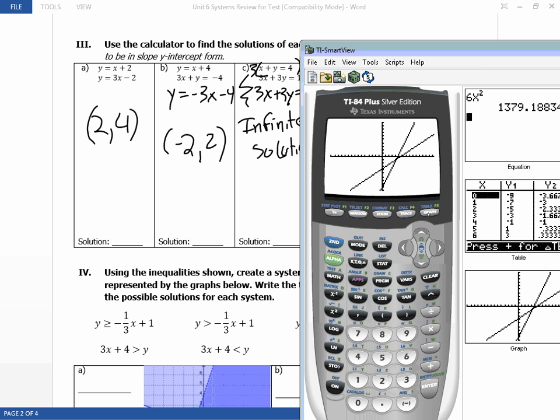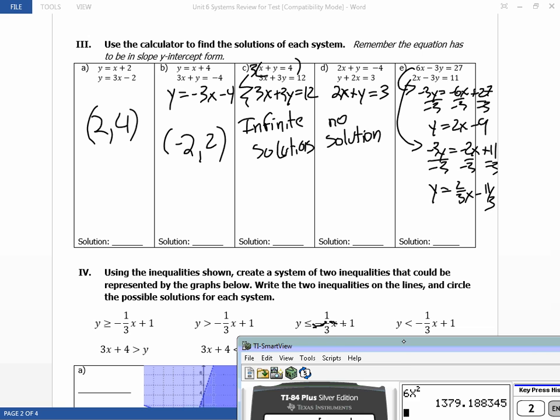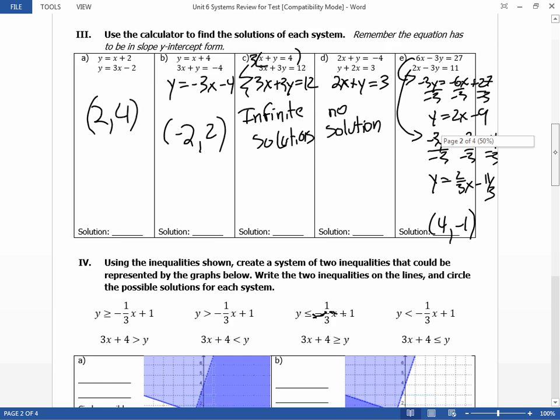Graph them. Find the point of intersection. And I get x equals 4, y equals negative 1. So I guess. All right, let's keep going.